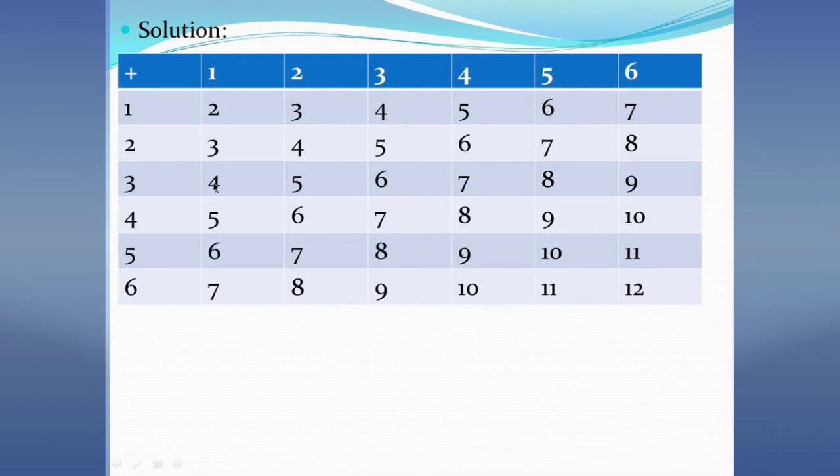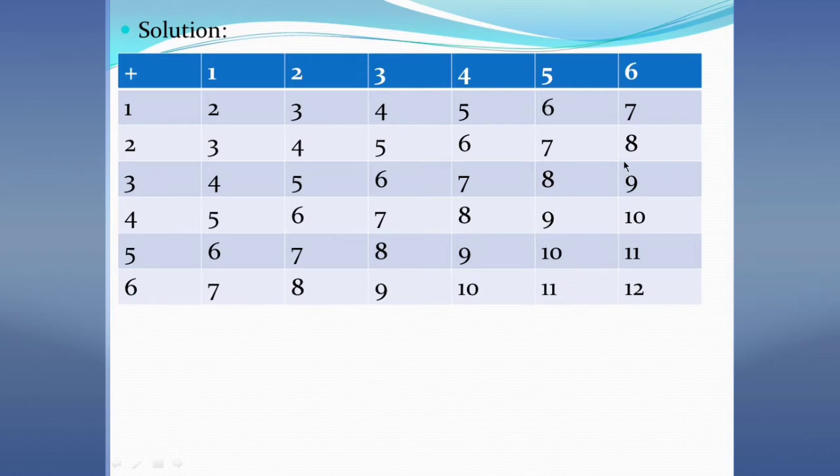2, 3, 4, 5, 6, 7. 3, 4, 5, 6, 7, 8. 4, 5, 6, 7, 8, 9. 5, 6, 7, 8, 9, 10. 6, 7, 8, 9, 10, 11.